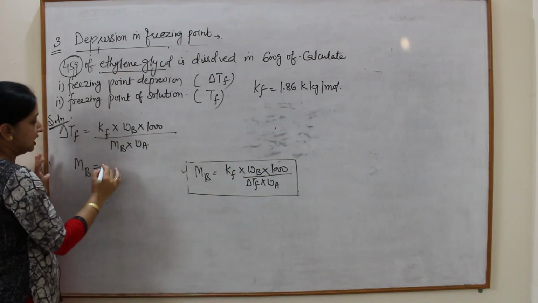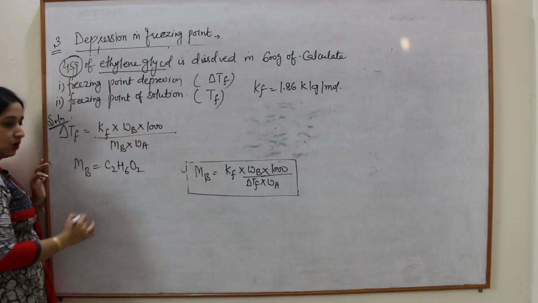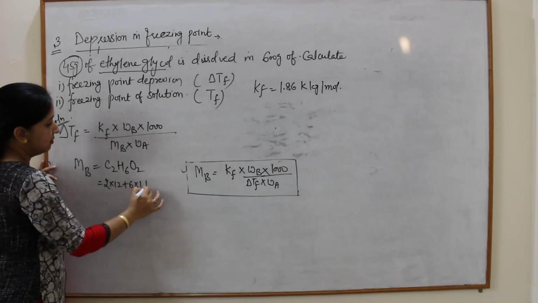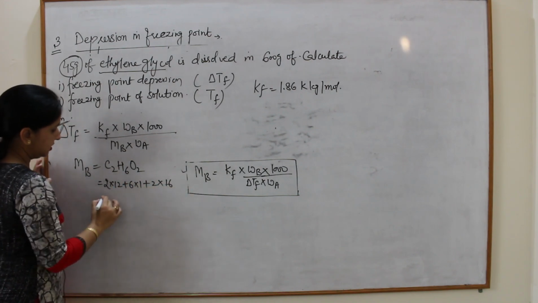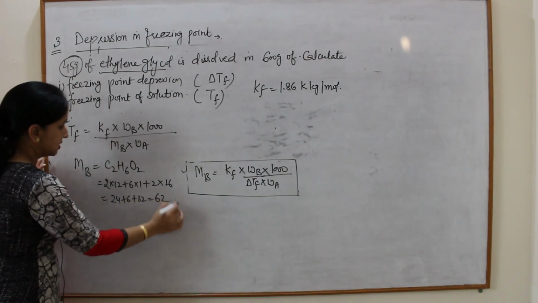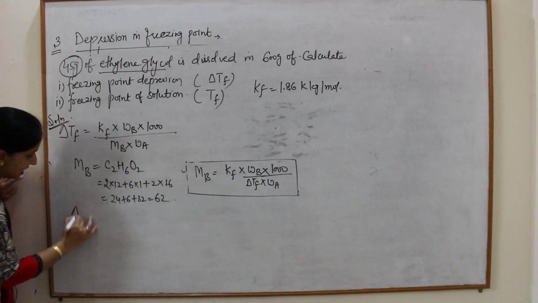The formula of ethylene glycol is C2H6O2, meaning 2 into 12 plus 6 into 1 plus 2 into 16. 24 plus 6 plus 32, it will be 62. So we can calculate delta TF.